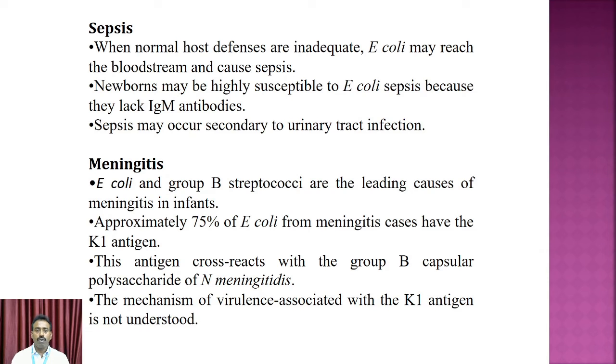E. coli and group B streptococci are the leading causes of meningitis in infants. Approximately 75% of E. coli meningitis cases have the K1 antigen. This antigen cross-reacts with the group B capsular polysaccharide of N. meningitidis. The mechanism of virulence associated with the K1 antigen is not understood.